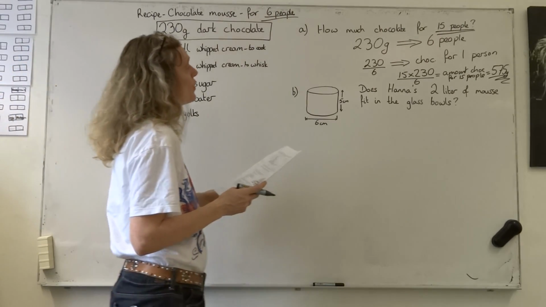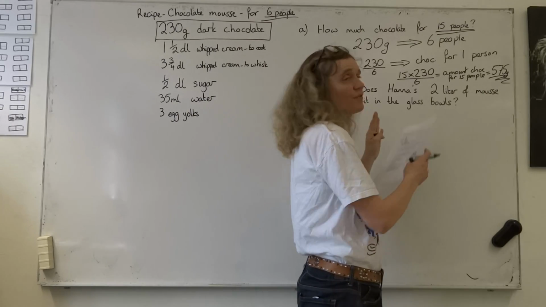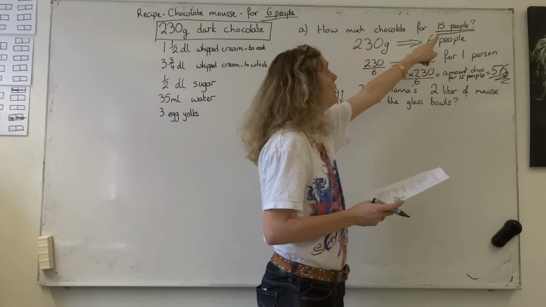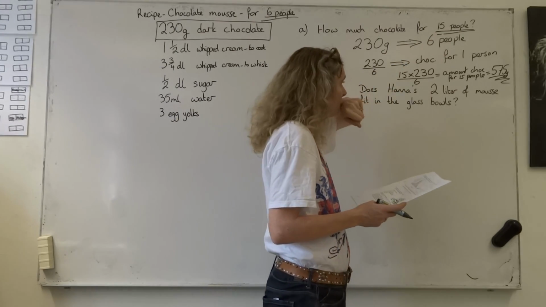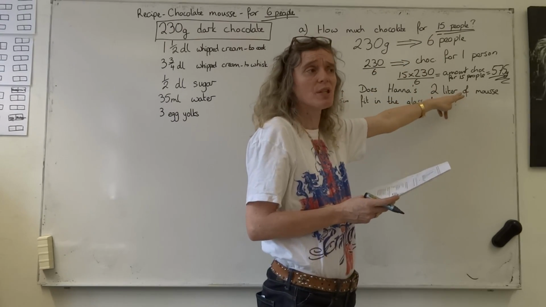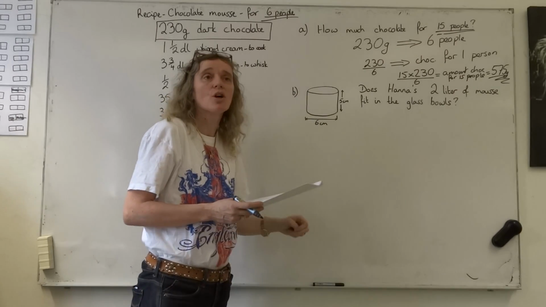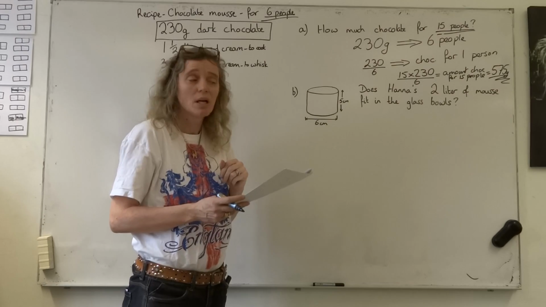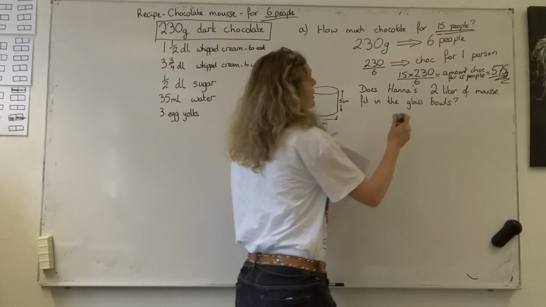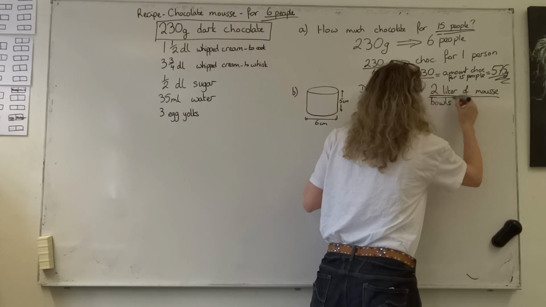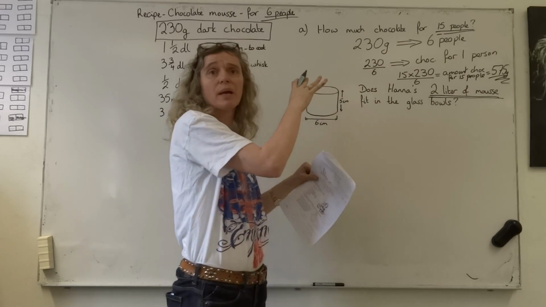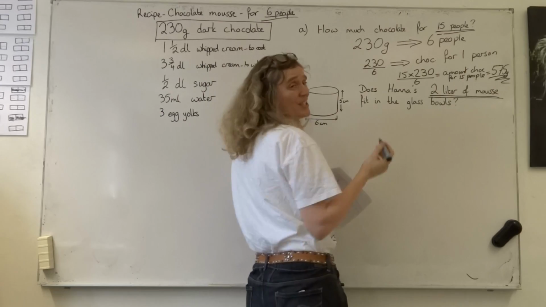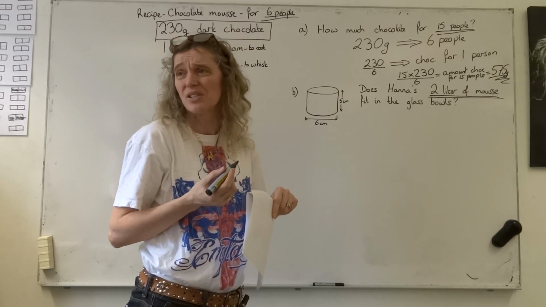Then it tells you that Hannah, when she's finished making her chocolate mousse for her 15 guests, she's got 2 litres of mousse, and they've given you the dimensions of the little glass bowls that she's going to put this mousse into. Once she's followed this recipe, she's going to have 2 litres of mousse. So the first thing we need to do is change that to centimetres cubed.